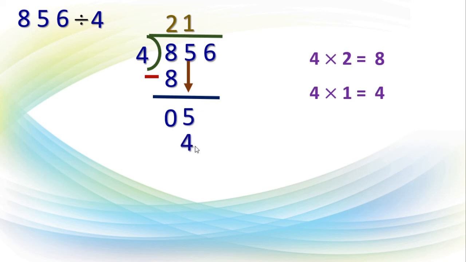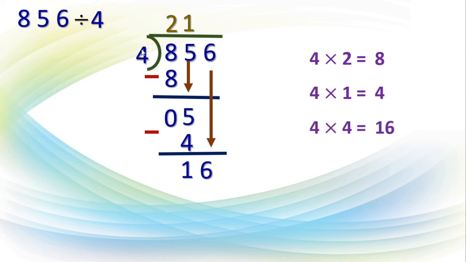Now 4 ones are 4. Here 5 minus 4 is equal to how much? 1. Now 1 is smaller than 4, so we will take this 6 down. Now it became 16. Now 4 fours are 16, we know this. So I will write here 4 and 16 here. Then 16 minus 16 is equal to 0.